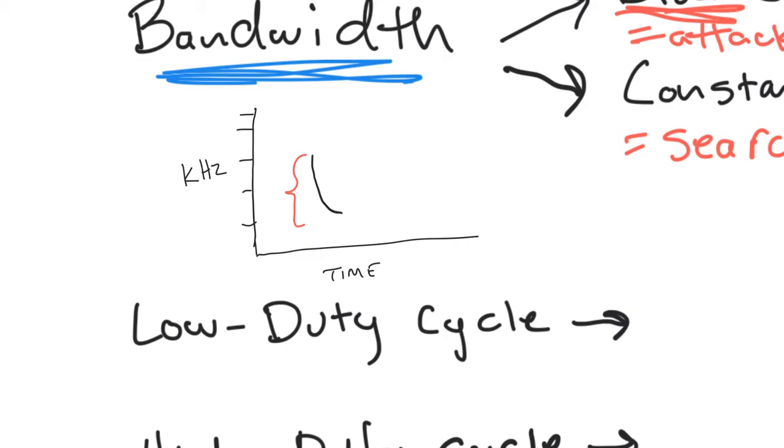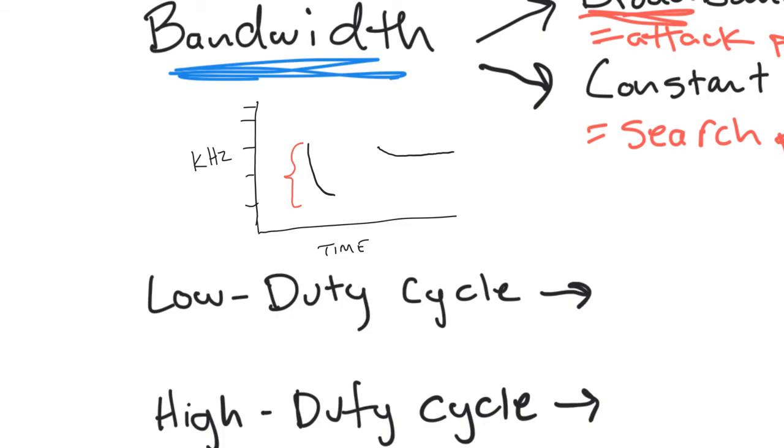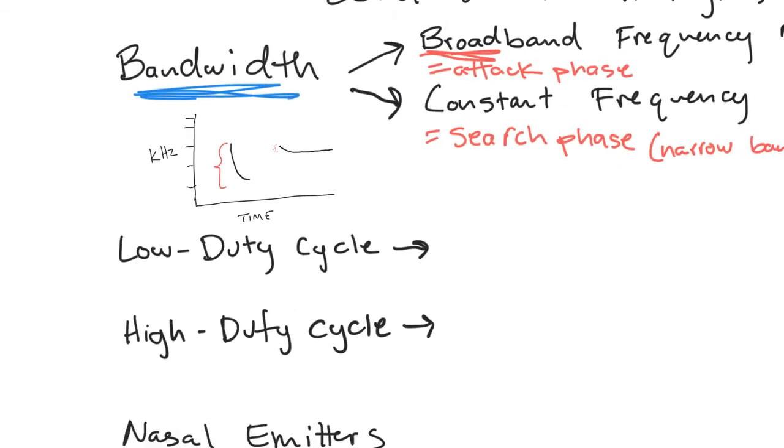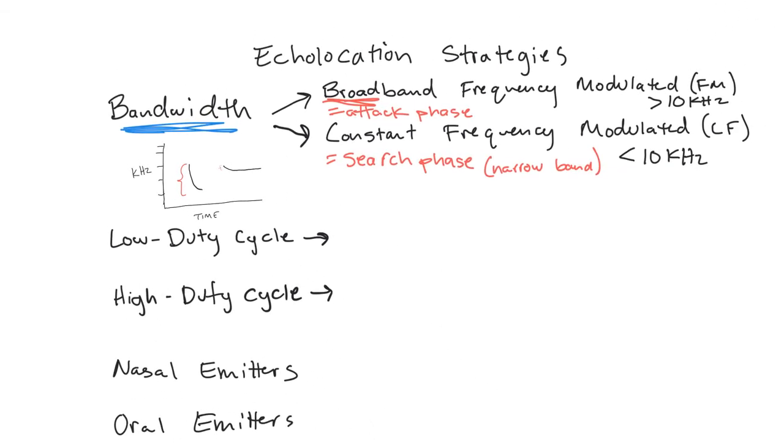Okay. This second call here does not use a broad frequency. It uses a very small frequency. Can't even draw a tilde that small. Okay, and this is a constant frequency, or CF call, or a narrowband call.